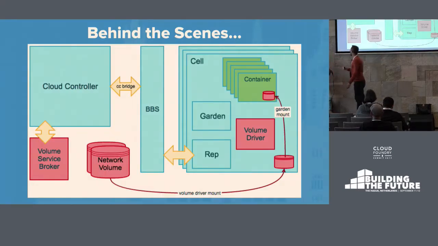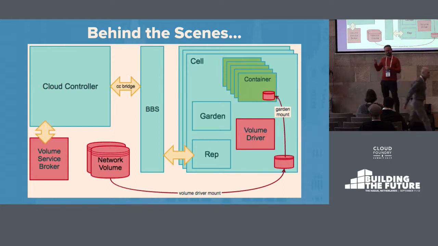So under the covers, what's that doing? On the app binding, that's inserting a little volume mount message into what we call the desired LRP of the app. And then once that app gets placed on a Diego cell, we send that binding to a Docker volume plugin that creates a mount on the Diego cell of that remote thing, using just a kernel mount.